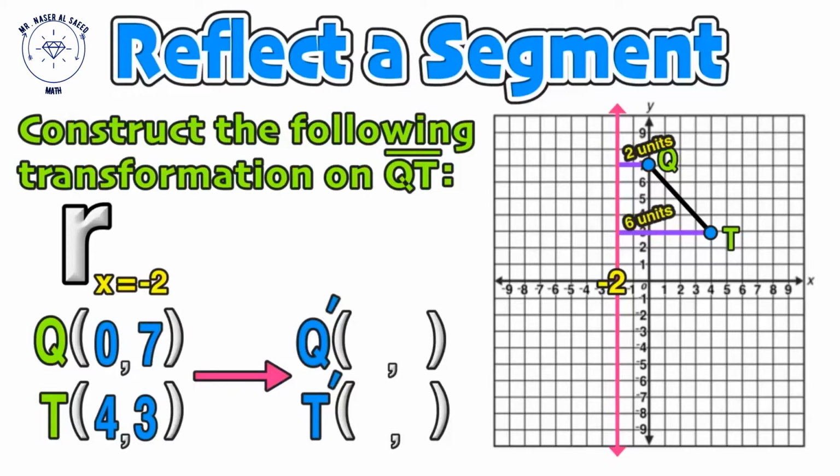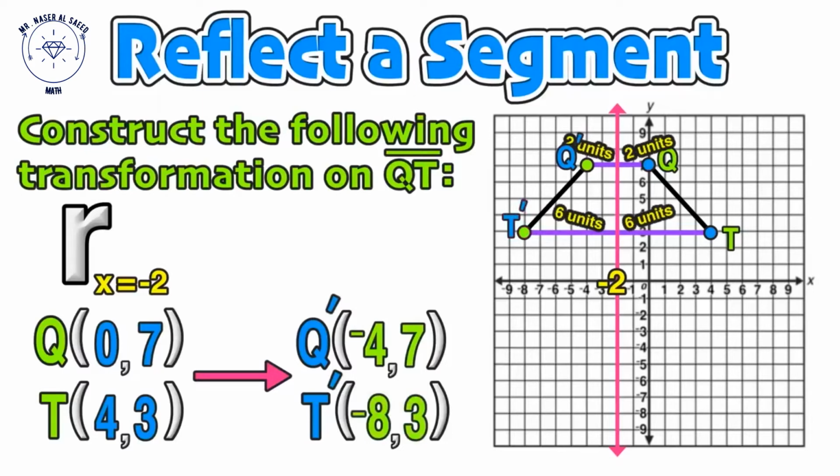We see that the point Q is 2 units away from the line of symmetry, x equals -2, and the point T is 6 units away. We can go ahead and repeat this distance on the other side of the line of symmetry and plot the new points Q prime and T prime.